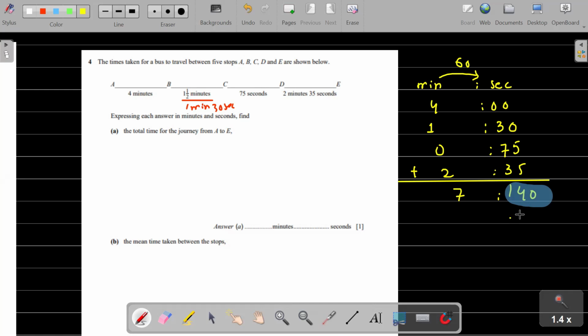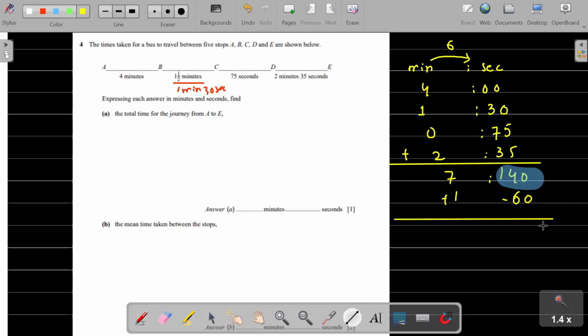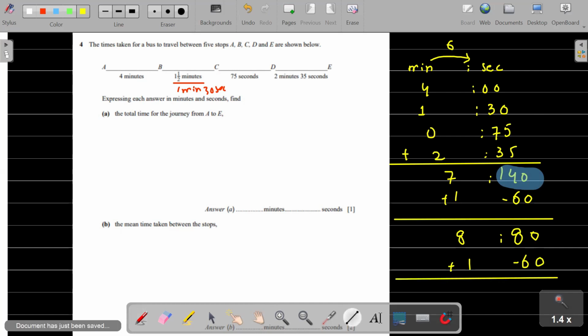Okay, so I'm going to subtract 60 from seconds, and I will be adding 1 in the minute section. Then after subtraction, you will be able to see that I got 80 over here, and this will be 8. Again, my 80, which is the second section, is greater than 60. So again, I will be subtracting 60 from the second section, and I will be adding 1 in the minute section.